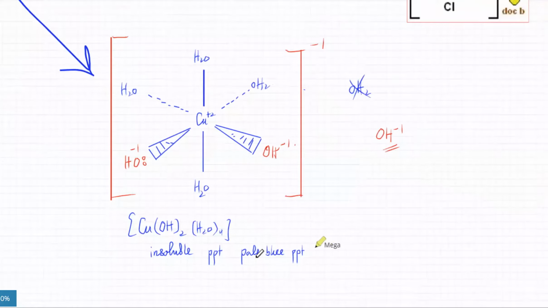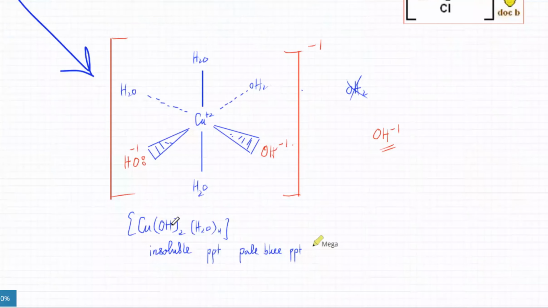But when it comes to copper hydroxide, as soon as copper hydroxide is formed, it's an insoluble precipitate, and it just leaves the solution and ends up forming a precipitate. What if we use concentrated NaOH? My assumption is that if you use concentrated NaOH, getting the third OH ion in would still be difficult, because the precipitate would just leave the solution.